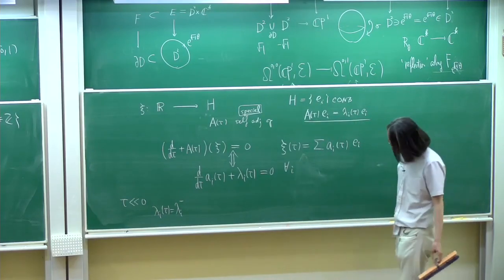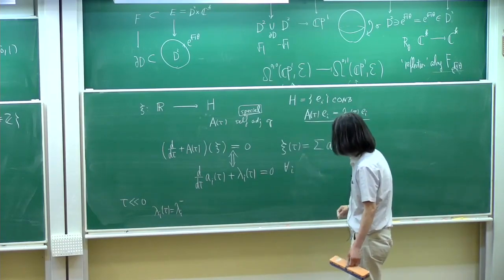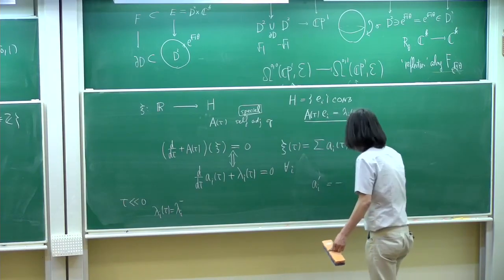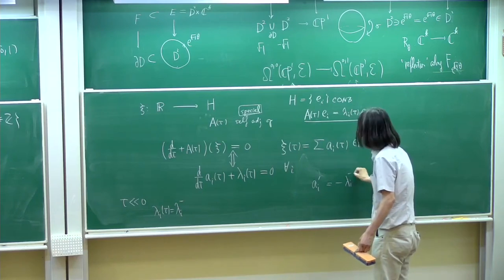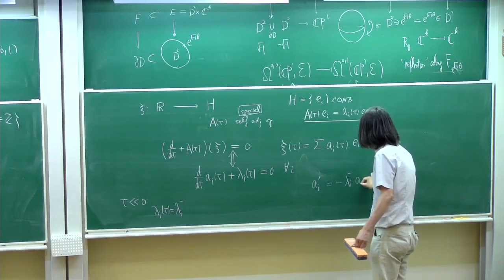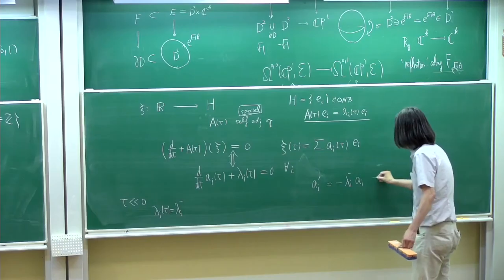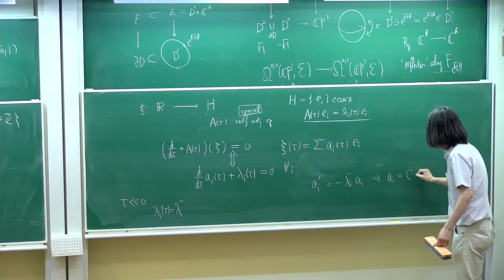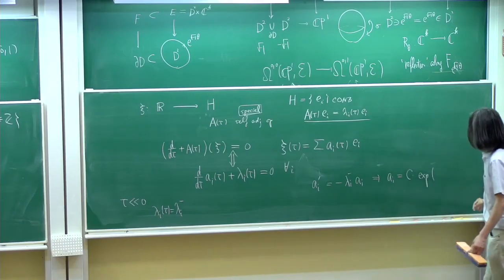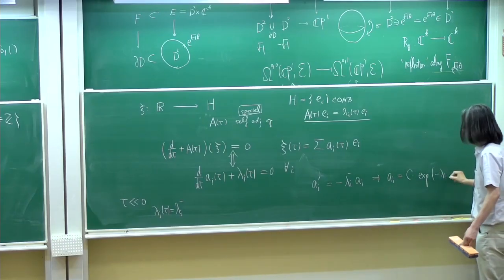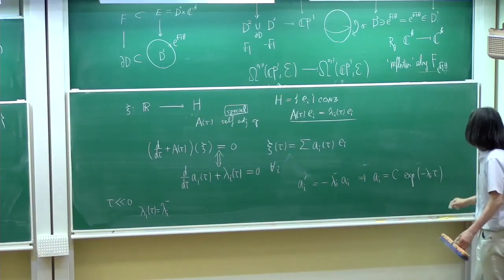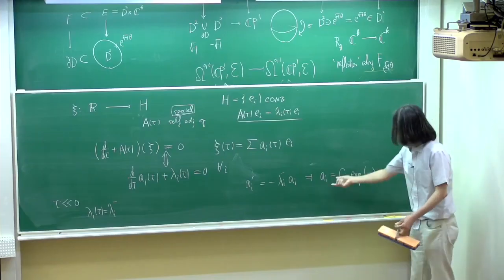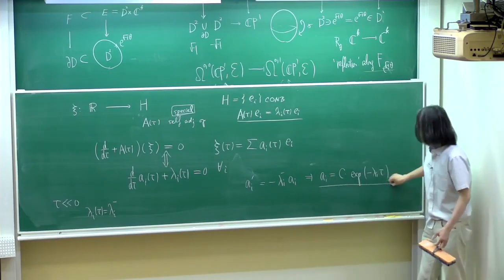And then in this case, a_i prime is equal to minus lambda_i minus a_i. So therefore a_i is equal to a constant times the exponential of minus lambda_i tau or something, right? Yes. So you differentiate with respect to tau, and then this one comes up.